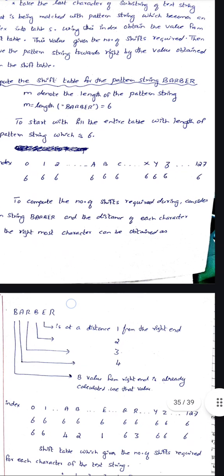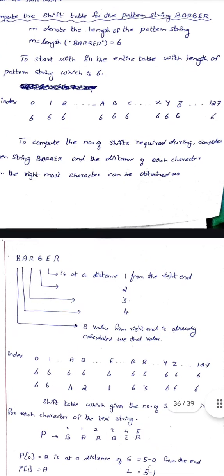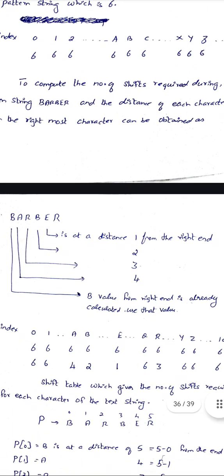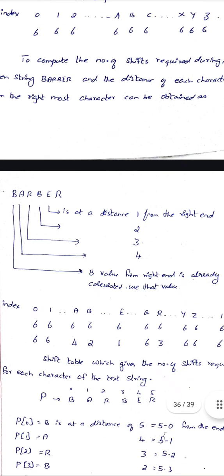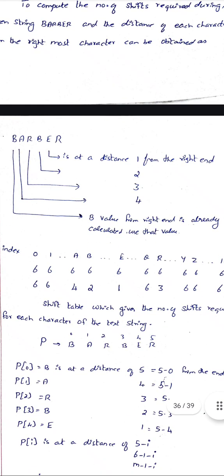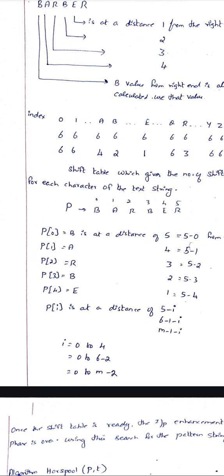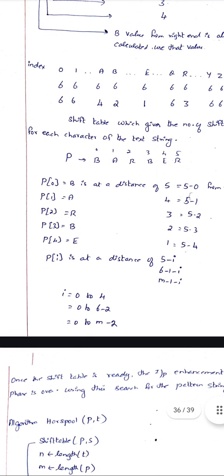For R we have to leave it as it is, since the distance is counted first from the right. We give the index for E as 1, B as 2, R as 3, and A as 4, and B the same value as on the right already. Then it is arranged in this manner.